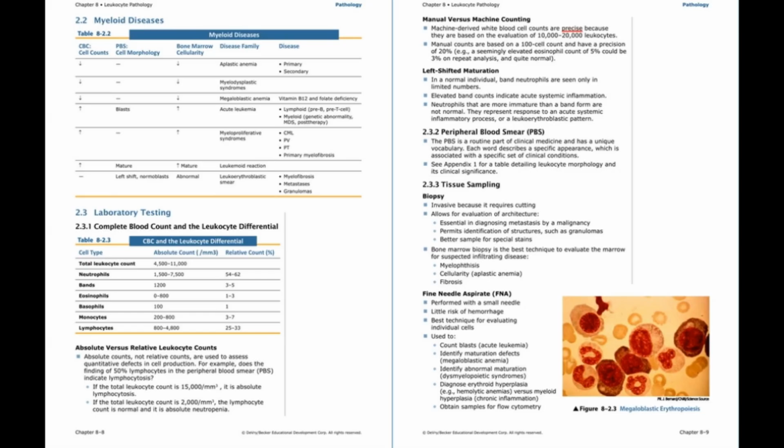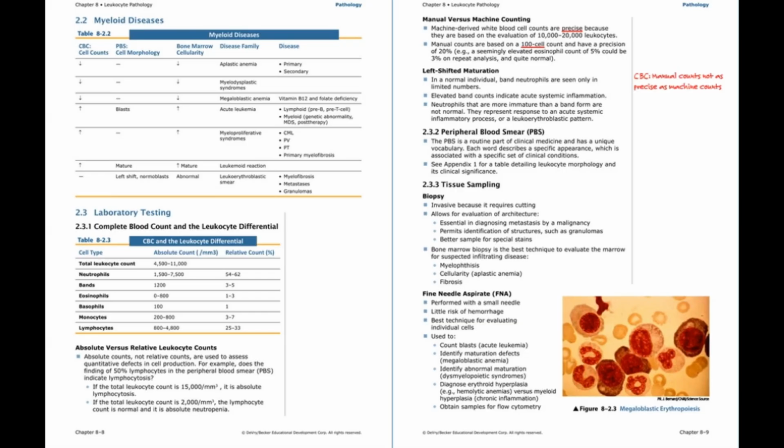Manual counts by comparison are a 100-cell count, and this gives them a precision of about 20%. So you might see an eosinophil count of 5% and say, oh, I wonder if that's an elevated eosinophil count. But in fact, with a 20% variability, it might well be 3% on repeat analysis and completely normal. So be aware that manual counts do not have the same precision as machine counts.